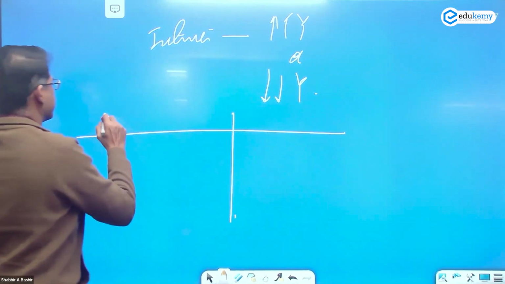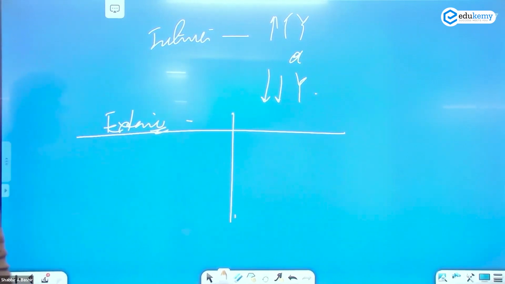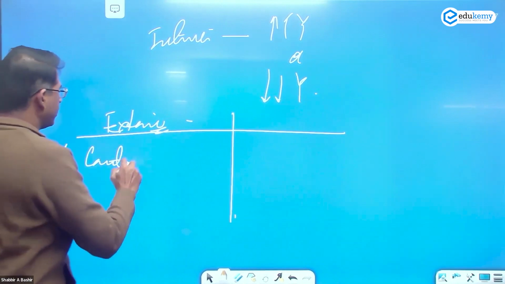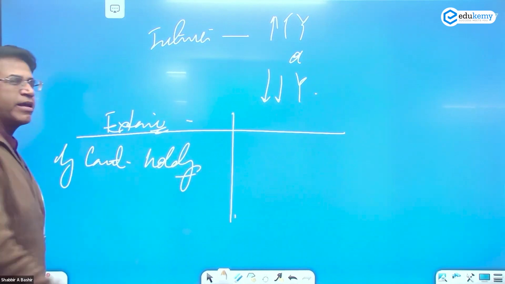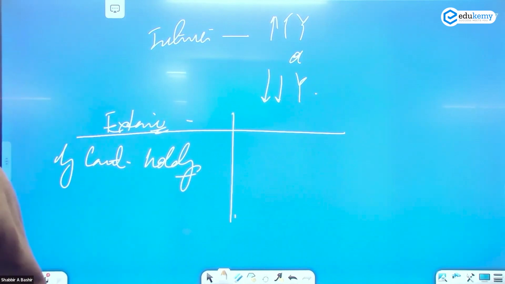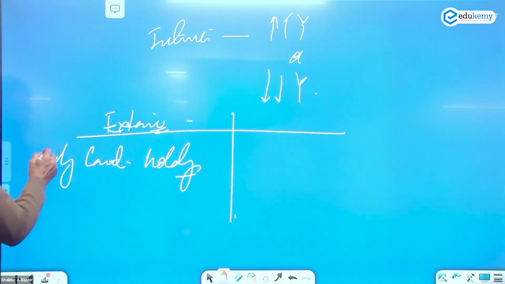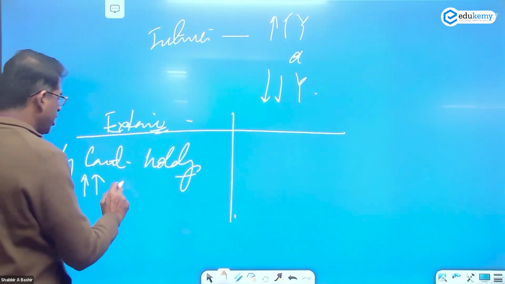What is extensive? Extensive is large land holdings. एक लैंड होगा 50 एकड़, 100 एकड़, 300 एकड़ का लैंड होगा. Very large land holdings. Extensive farming invariably will also be very high in terms of input management.